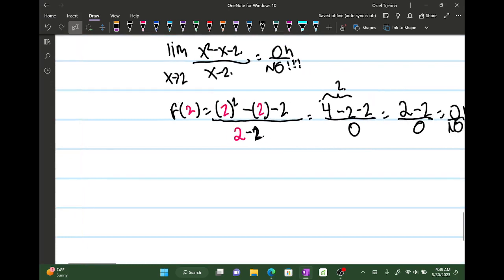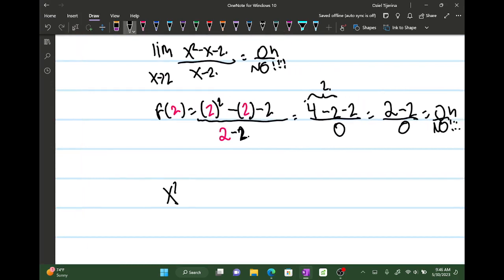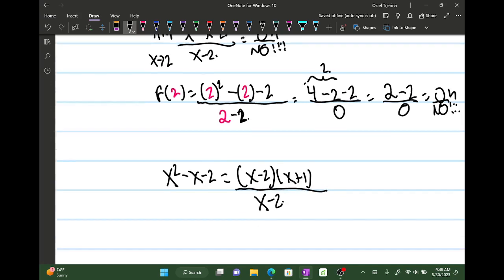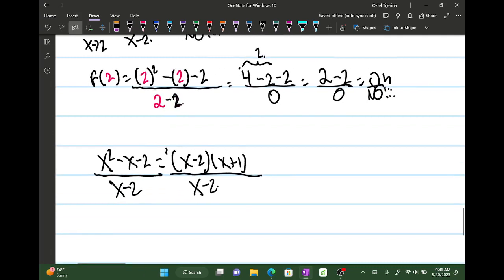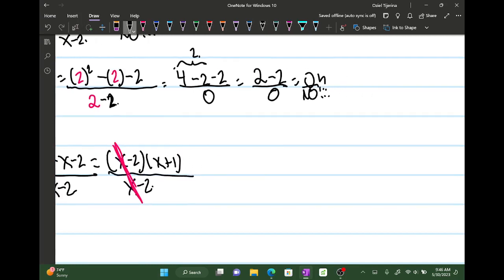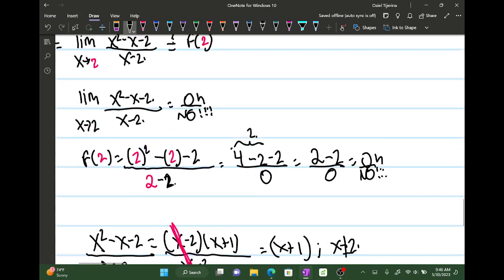And like I said, if we find the limit, we know that x squared minus x minus 2 is really just the quantity x minus 2 times x plus 1, over x minus 2. Now, we know that these two cancel out, and this is just equal to x plus 1, but this is true such that x does not equal 2.